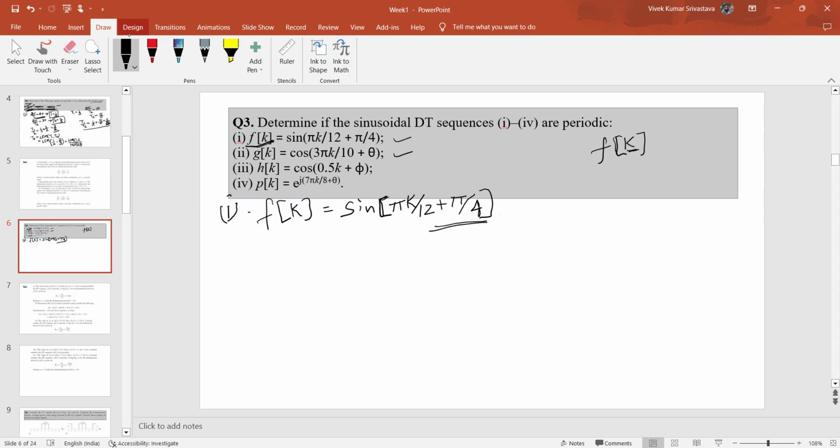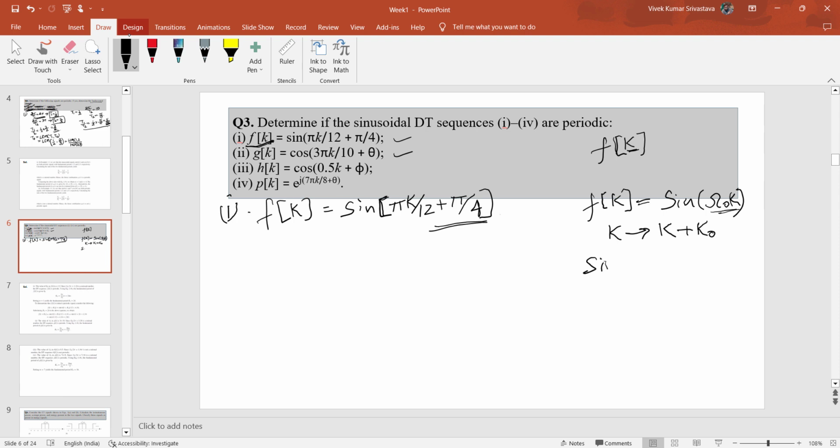Suppose a discrete time signal is given to you, which is defined as sine of rho naught k. To determine whether this signal is periodic or not, we have to replace k with k plus k naught.